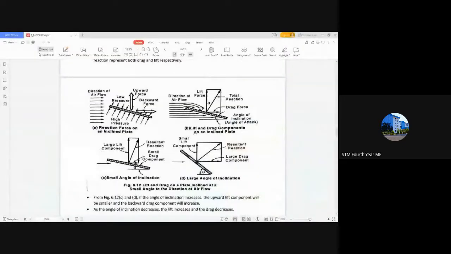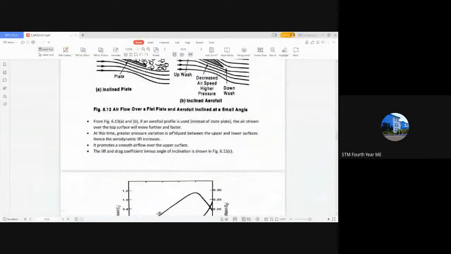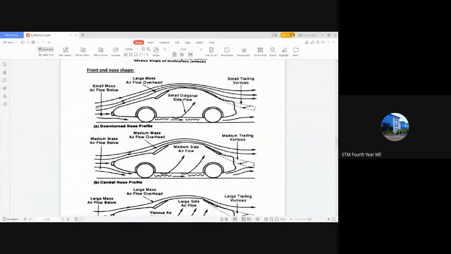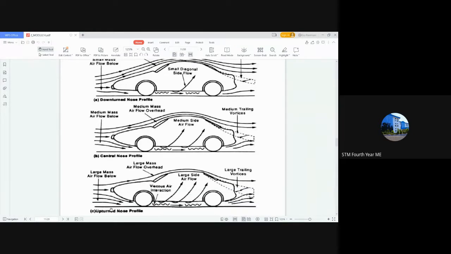Next is the front end nose shape. The front end of the car, we have termed it as fender and all, but it is basically a nose shape. You are providing a nose shape in front of the vehicle, and various shapes are provided.